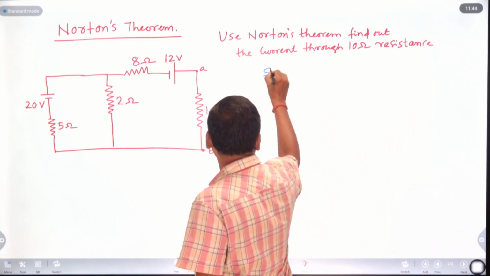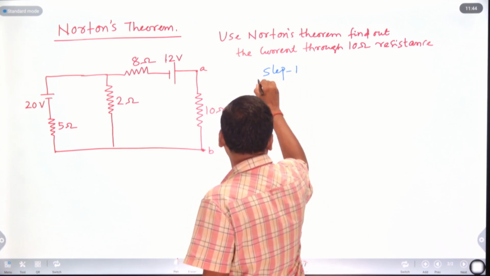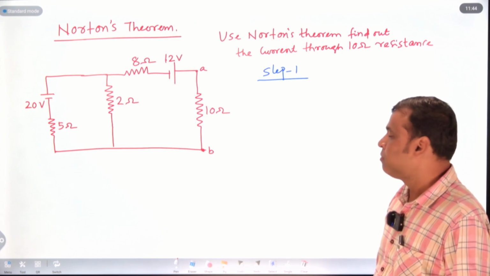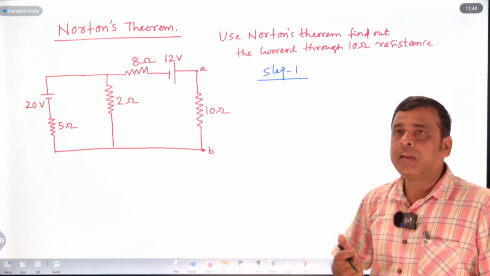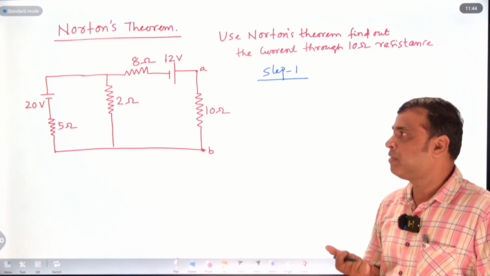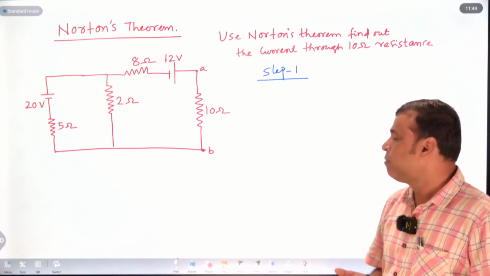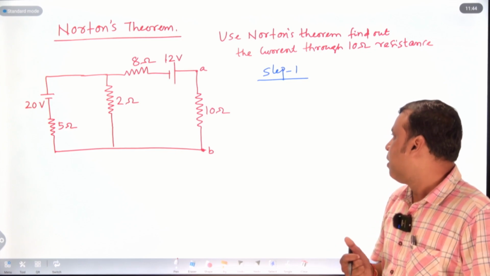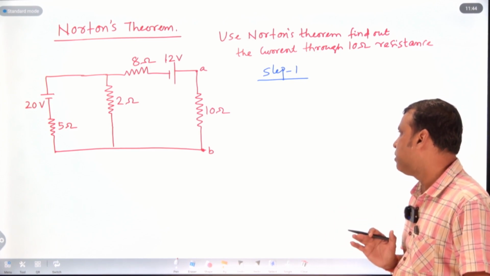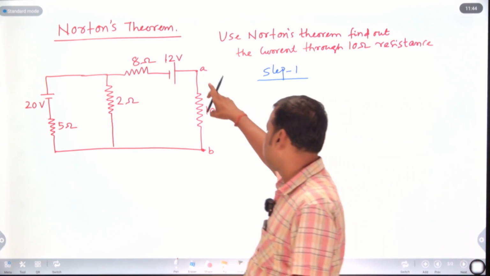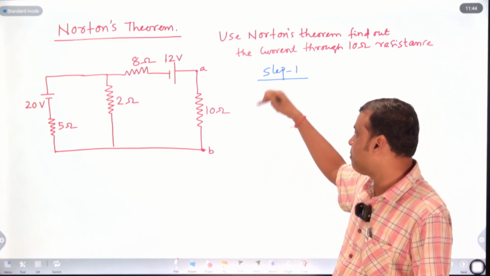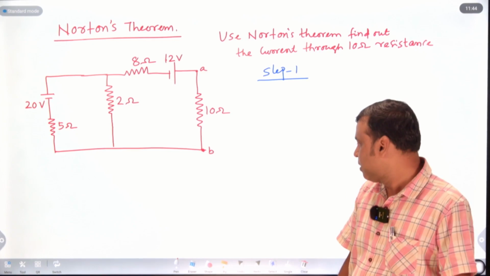Norton's theorem: how to calculate the current flow through the 10 ohm resistor using Norton's theorem. Like in Thevenin's theorem, generally we calculate Thevenin's voltage and Thevenin's resistance. In the case of Norton's theorem, it is the same procedure. Whereas in Thevenin's theorem you disconnect the load resistance, here you short circuit that resistance and find out the short circuit current, meaning what amount of current flows through this branch.